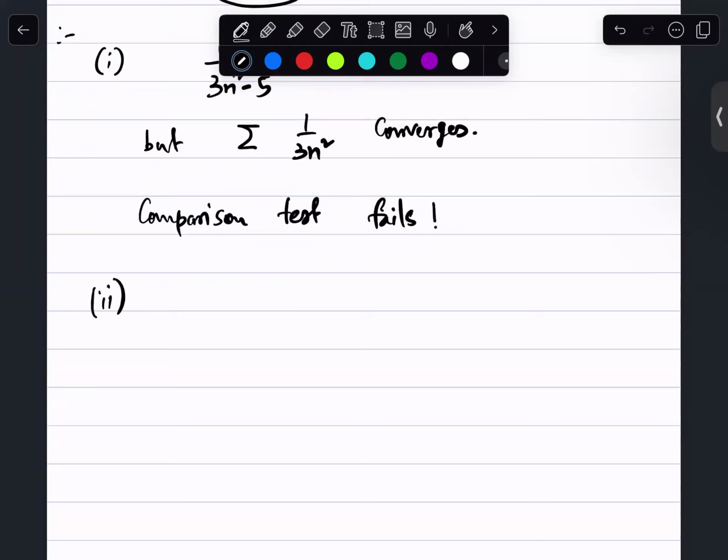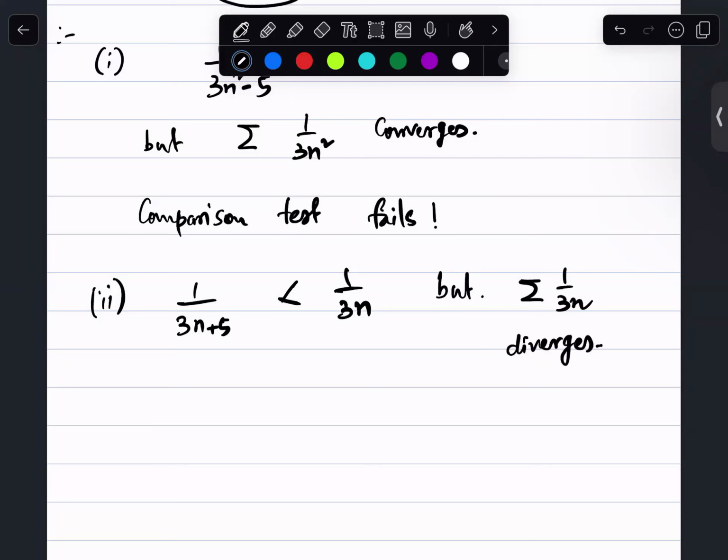For the second problem, again, I can try to use this inequality instead of what we have done before. But then again, summation 1 over 3n is divergent, right?